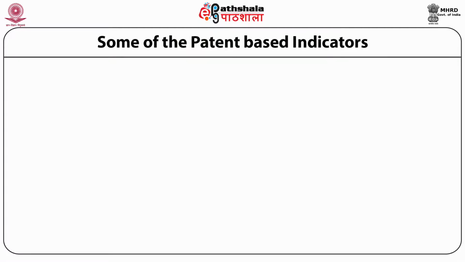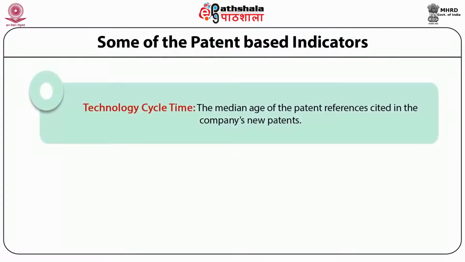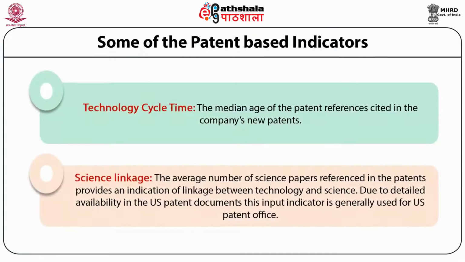We introduced two further indicators: technology cycle time and science linkage. The technology cycle time, in a sense, shows how fast your patents are in the current technology scenario. Indirectly, it looks at the median age of the patents which have been referred or cited in that company's or country's new patents.